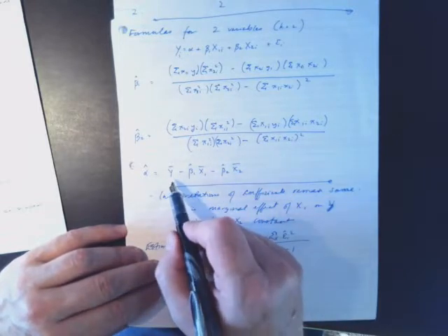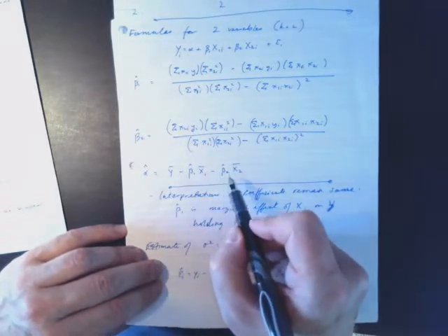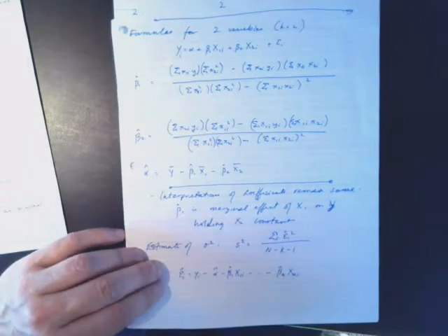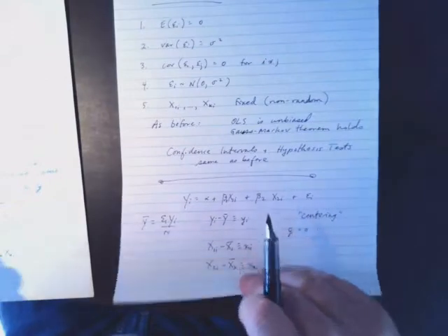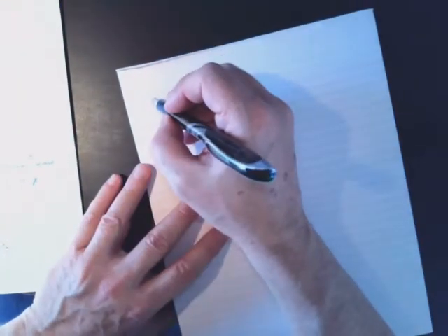The reason that you can do that is because the regression line always goes through the sample averages. Let me just scribble that point down.